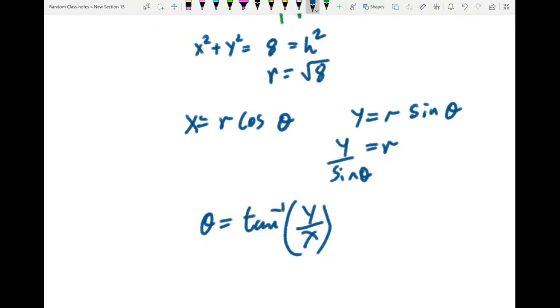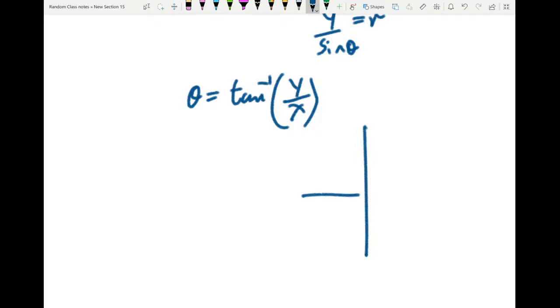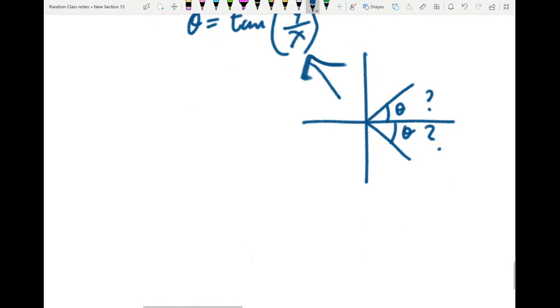The trick is, if the angles are in the first or the second quadrant, you'll just use this right over here.